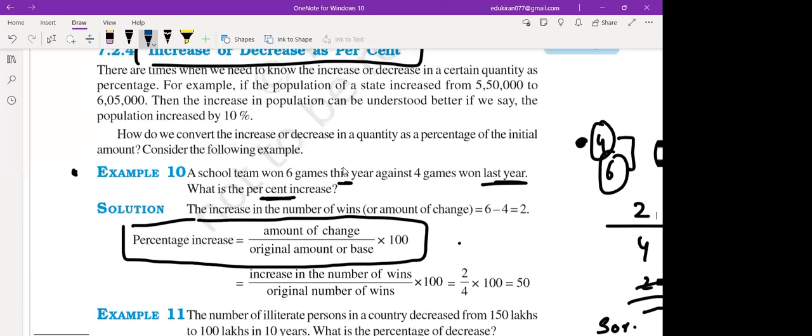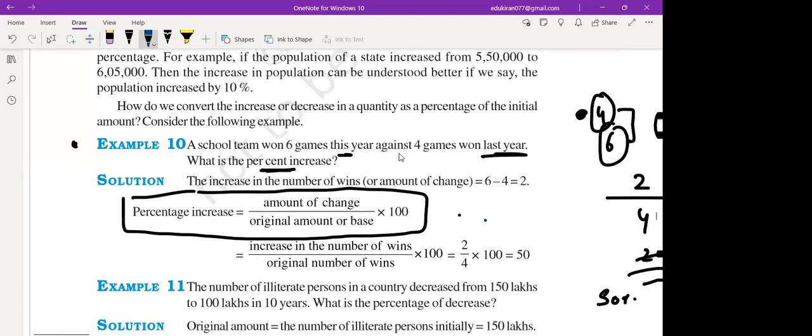Over here, for example, they are talking about the wins. So instead of amount of change, you can write increase in number of wins and original number of wins, multiplied by 100. According to the question, you write it like this. Or you can write change in wins and here original number of wins.